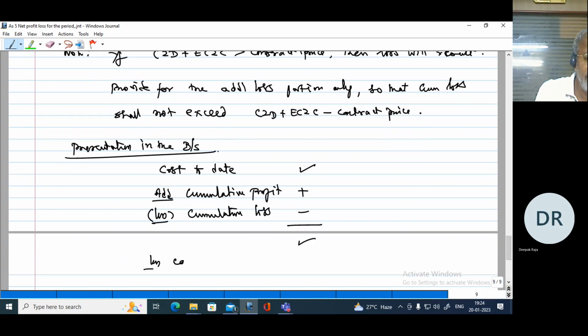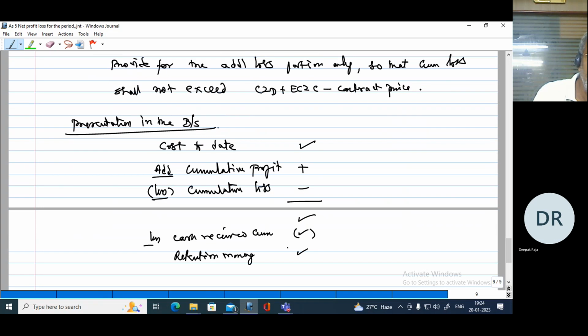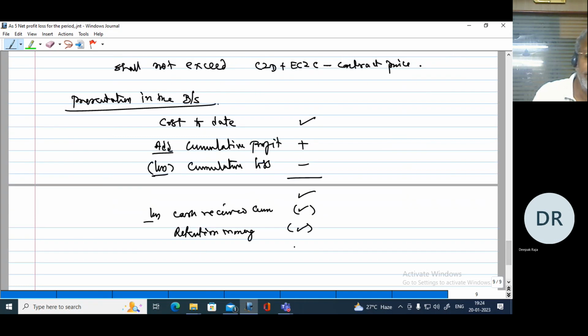Less cash received cumulatively, and retention money. These two items are to be deducted. If it is positive, due from customer. If it is negative, due to customer.